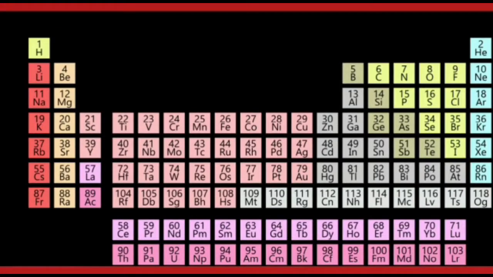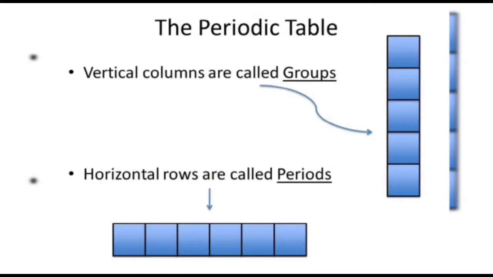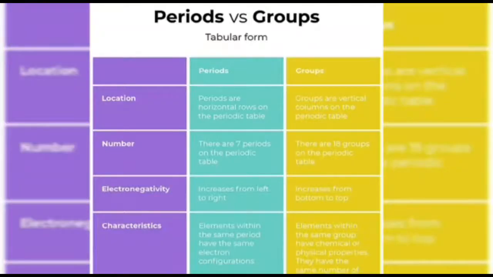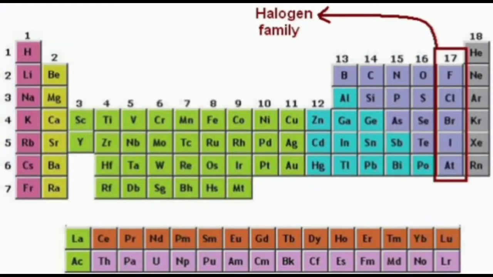As we have seen earlier, vertical columns are called groups and horizontal rows are called periods. My table here has 18 groups and 7 periods. Let's see the properties of elements which are placed in groups and periods. Take group number 17, which is called the halogen family. Likewise, all groups have names.